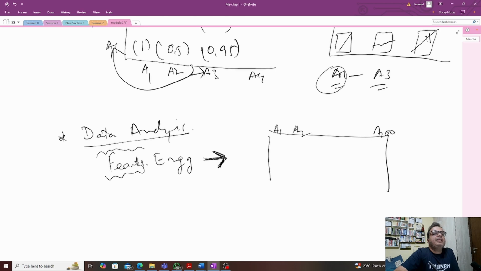If you have 100 features, you may not need all 100 of them. It is computationally expensive, and it is not that relevant. As we said, if A1 and A3 are highly correlated with each other, we can only take one of them. So feature engineering talks about elimination of features, reduction of features, and also putting them in scale.